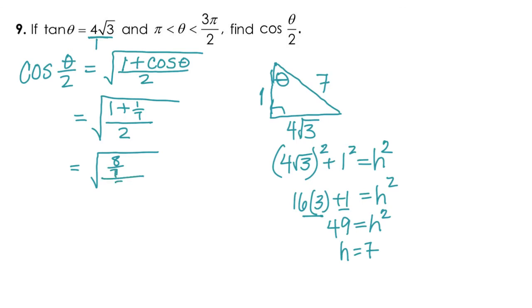And that's all over 2. And so here we're going to have 8 over 7 times 1/2. Those are going to cancel. So I'm going to be left with the square root of 4/7.